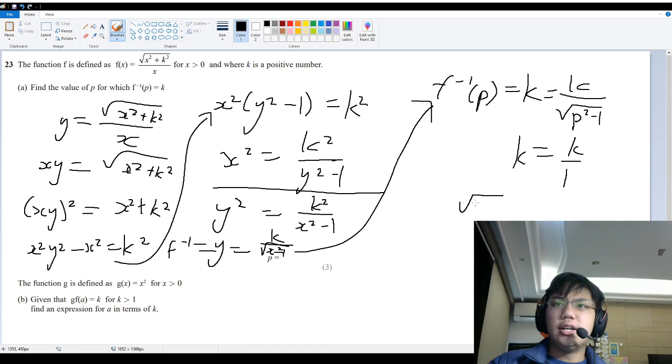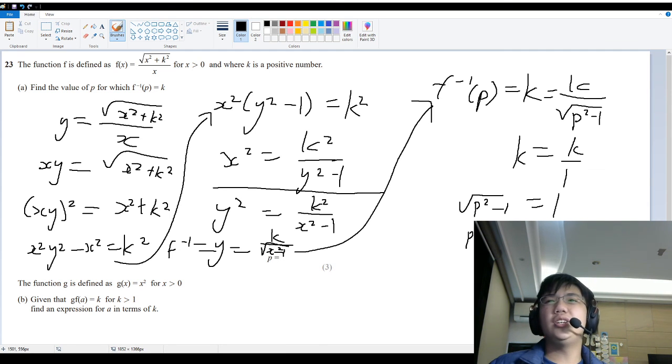So therefore, the square root of p squared minus 1 equals 1. That means p squared minus 1 is 1, since if you square 1, it's still 1. So p squared is equal to 2, and therefore p equals the square root of 2.